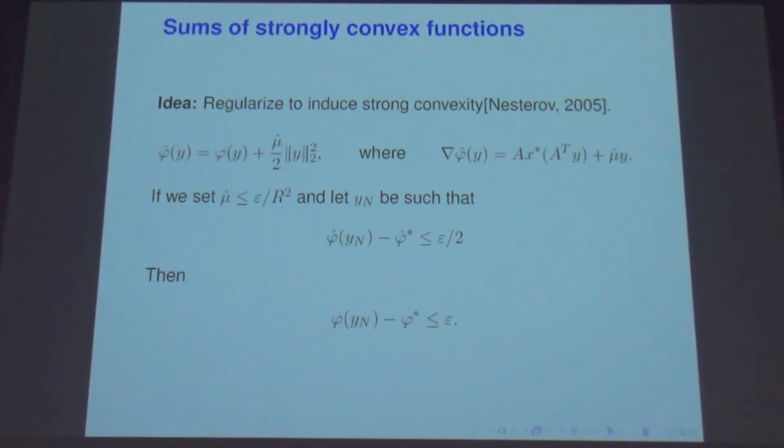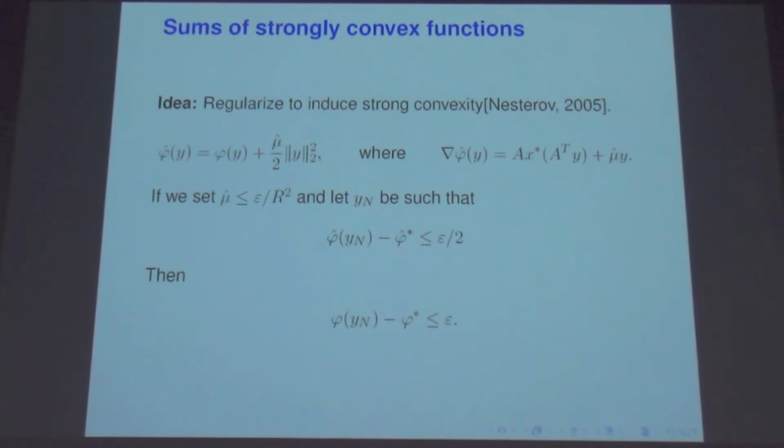For all the other cases, let's say when the function is not strongly convex, what you can do is, of course, use Nesterov regularization. We exploit the following result: you have a function phi, and you add a strongly convex term with mu hat. Then if you set mu hat small enough, finding an optimal solution to the regularized problem also gives you an approximate solution of the non-regularized problem.